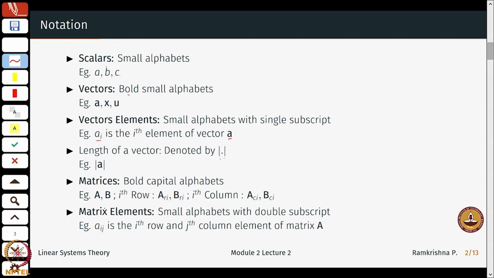Similarly, for matrices, we have notations of capital bold A and bold B. We also have notations for the ith row and the ith column, and small a_ij would denote the ijth element of a matrix A. Sometimes we may not follow this very strictly whenever it is obvious.